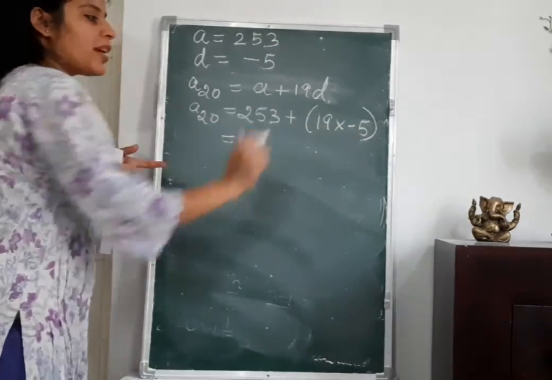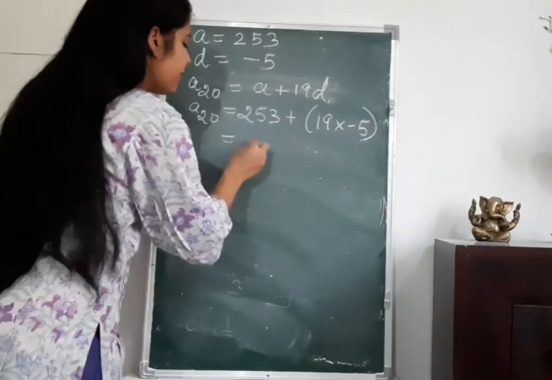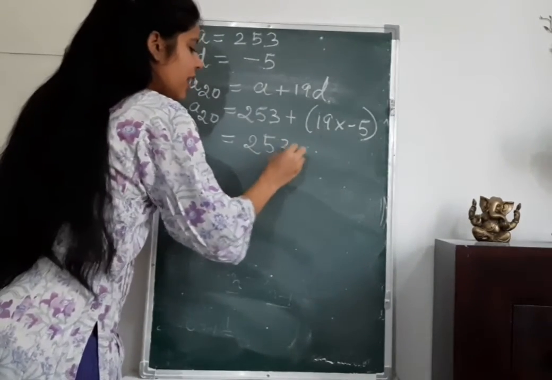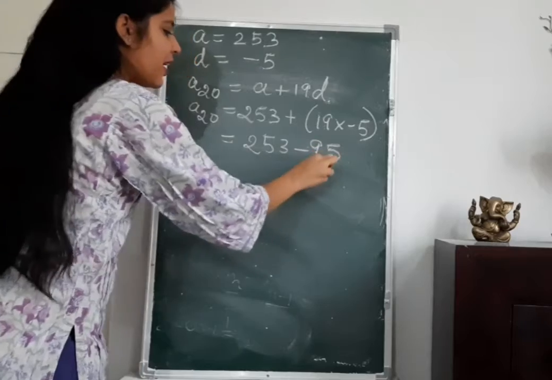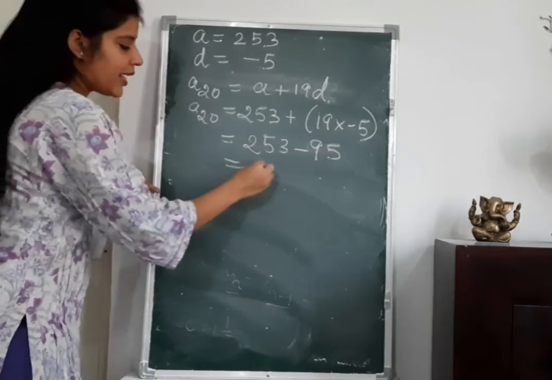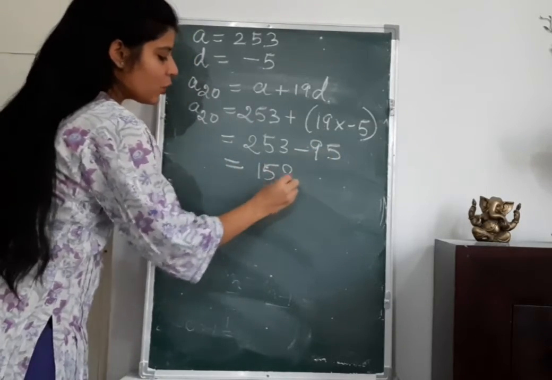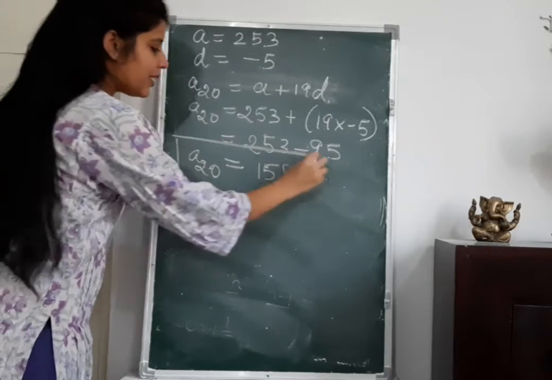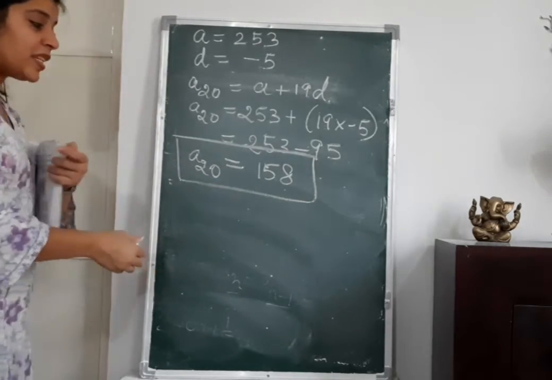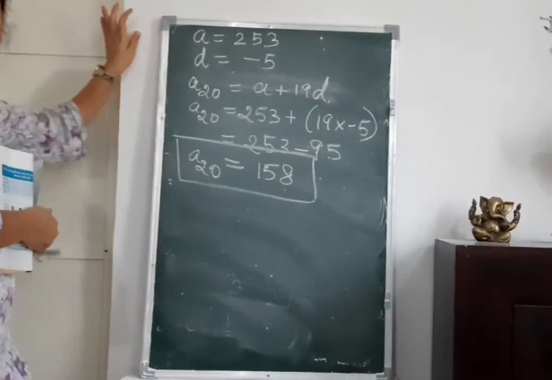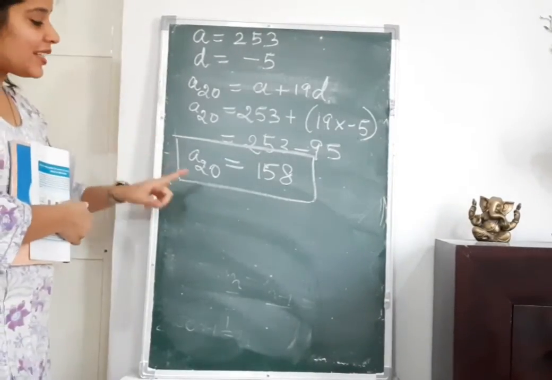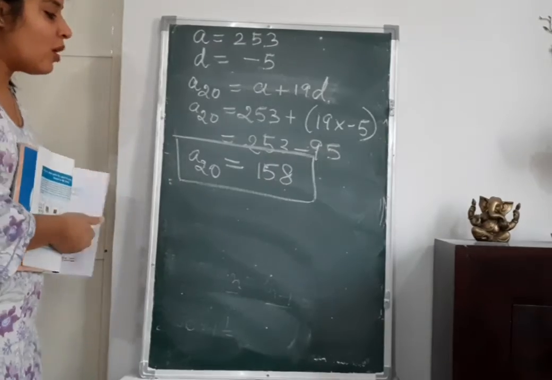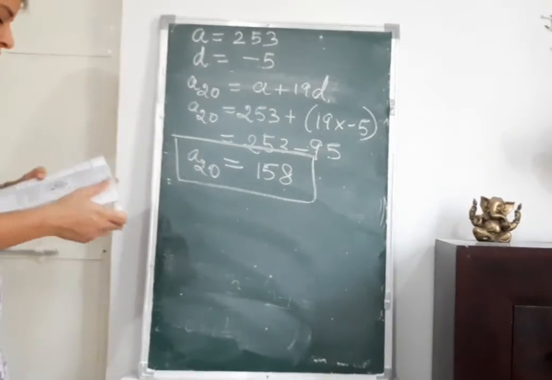So 19 into minus 5 will be minus 95. 253 minus 95. What will that give you? That will give you 158. So A20 for this series is going to be 158. So the 20th last term for that series will be equal to 158.